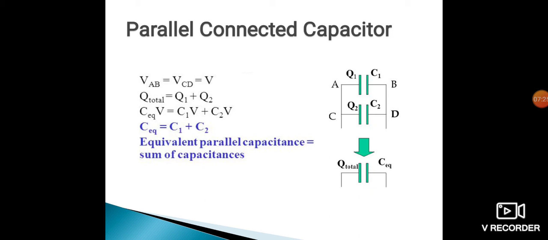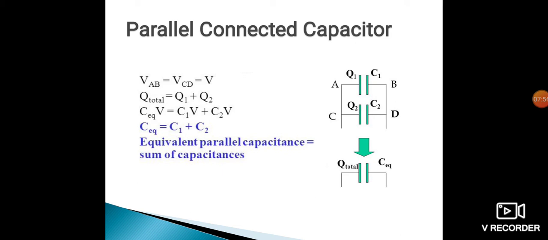So, VAB will be equal to VCD will be equal to the supply voltage V. Now, as it is a parallel connection, charge gets divided. Here we have two capacitors, so we will have two different charges Q1 and Q2. So, the total charge will be given by Q total is equal to Q1 plus Q2.